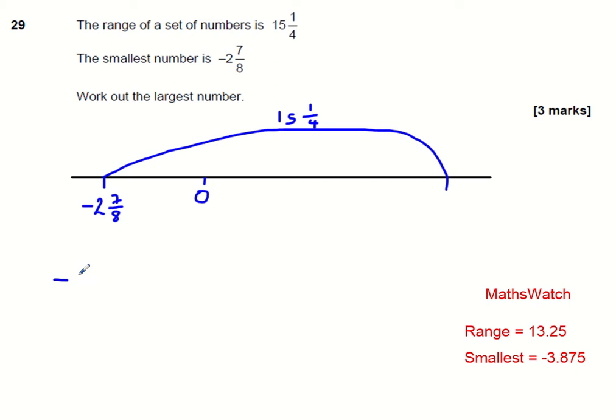So you're trying to do -2 and 7/8 plus 15 and 1/4. Now I'm going to do this as fractions rather than decimals.